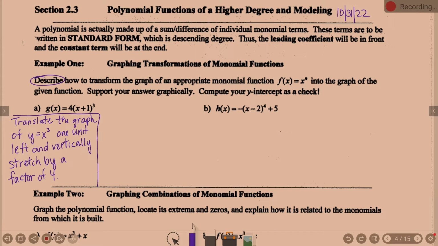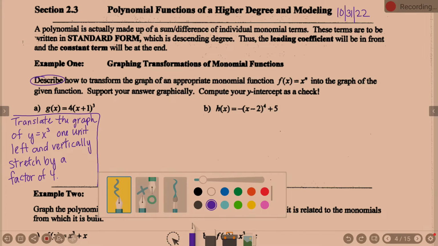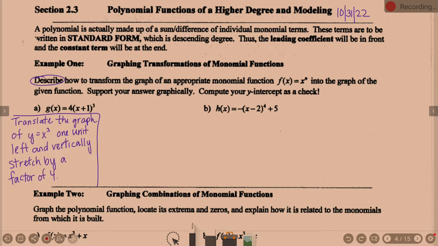Okay. And we need to graph it. And we'll talk about the y-intercept as a check here in a moment. So I'm going to set up a graph. Got my x and y axis.